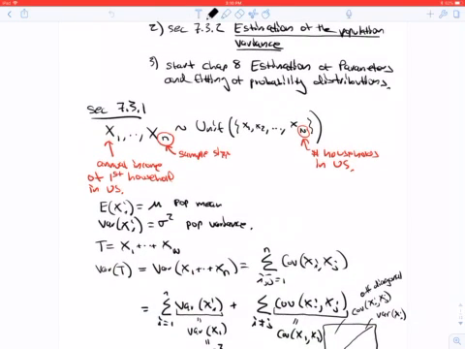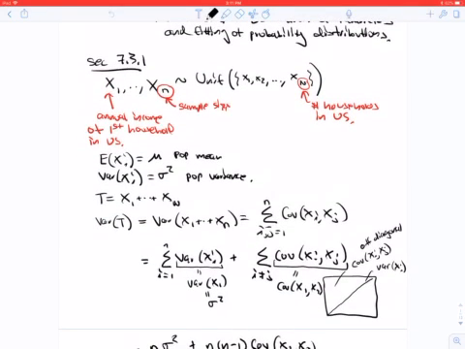So last time we looked at annual income of households, and we had a population of size capital N, where capital N is the number of households in the US, and we took a sample of size small n, and this was a simple random sample. And these capital Xi's are uniform on all the household incomes.